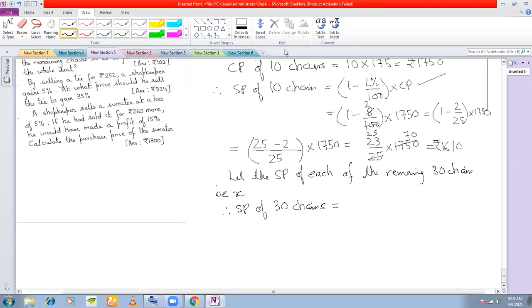Selling price of each share is X, so 30 shares are there, so 30X.